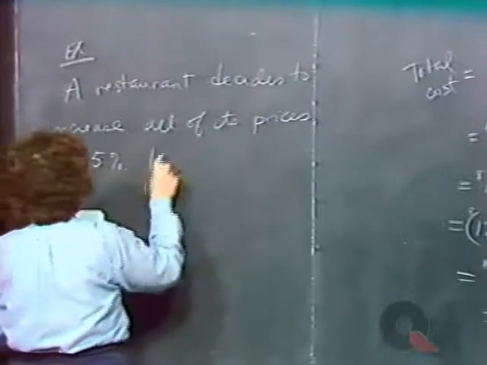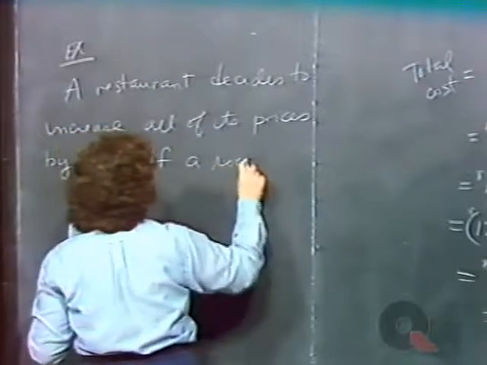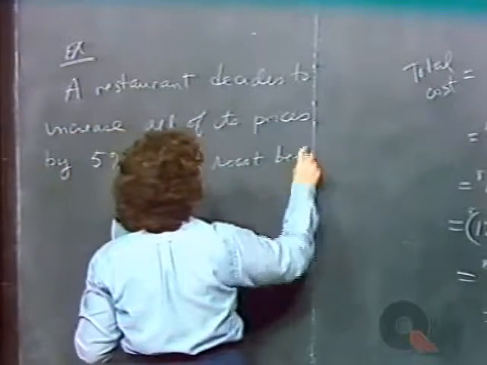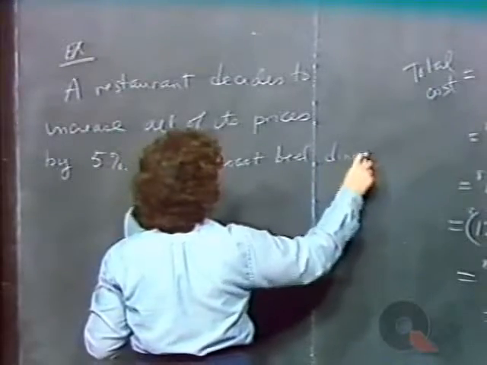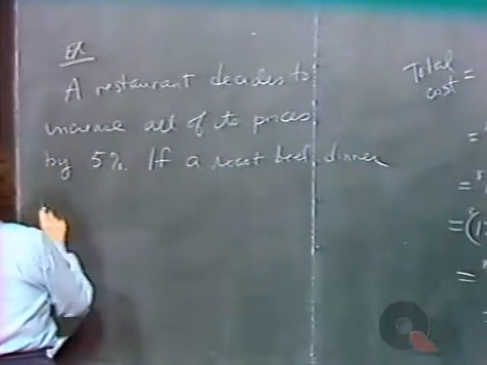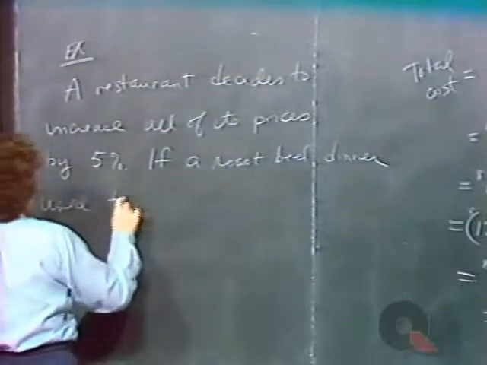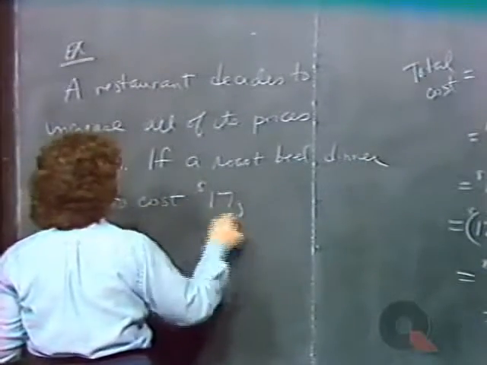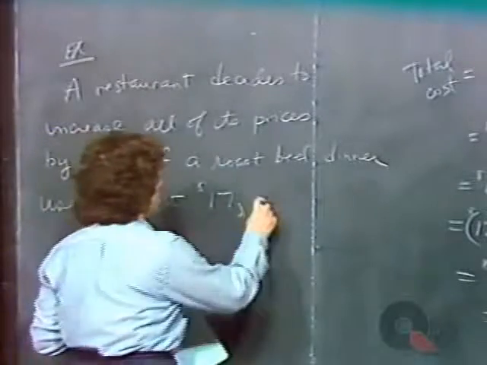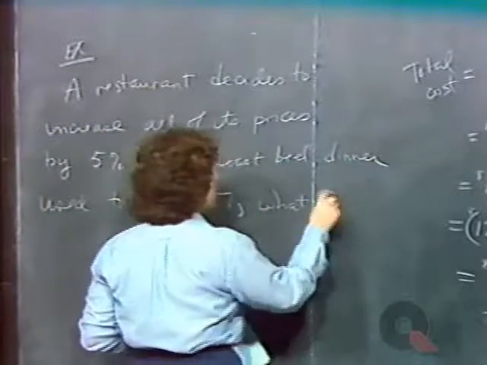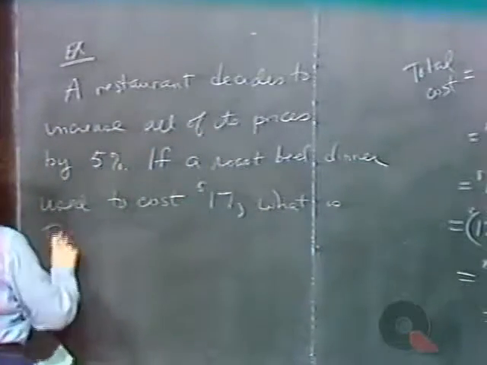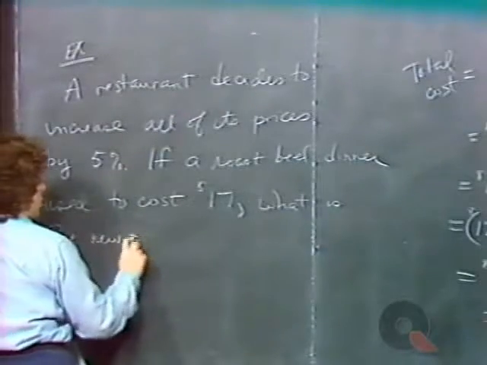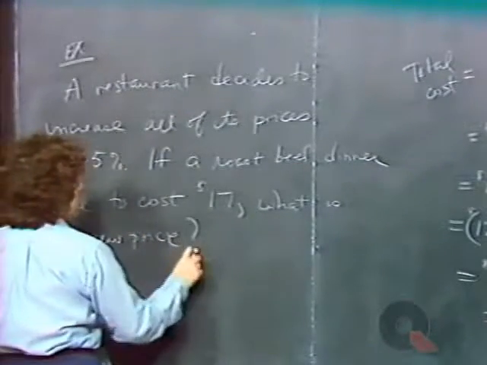If a roast beef dinner used to cost $17, what is the new price for that meal?